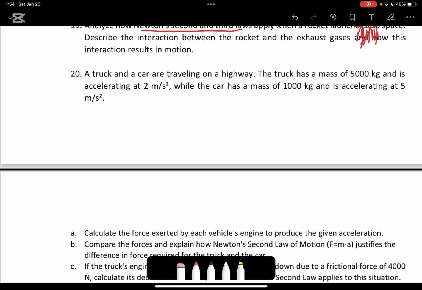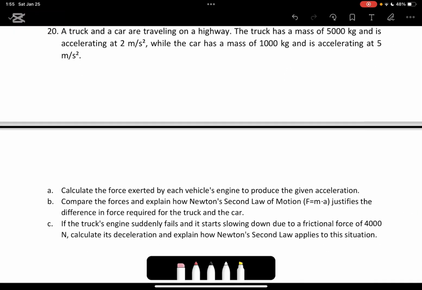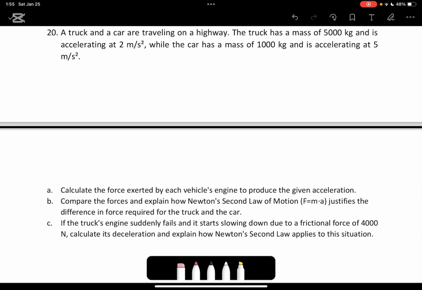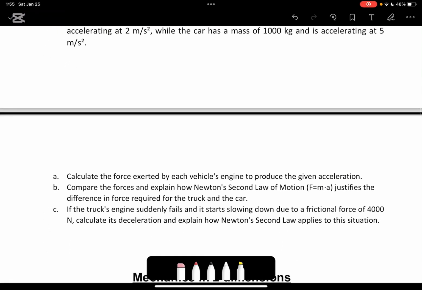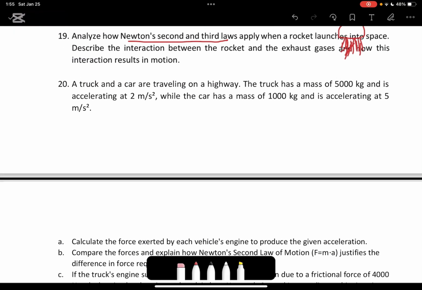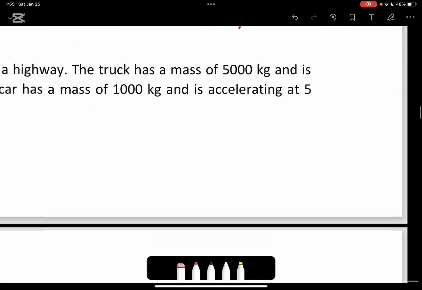Now you want to compare the forces and explain how Newton's second law of motion, force equals mass times acceleration, justifies the difference in force required for the truck and the car. The truck requires 10,000 newtons of force as said above, while the car requires only 5,000 newtons, because 1,000 times 5 equals 5,000.